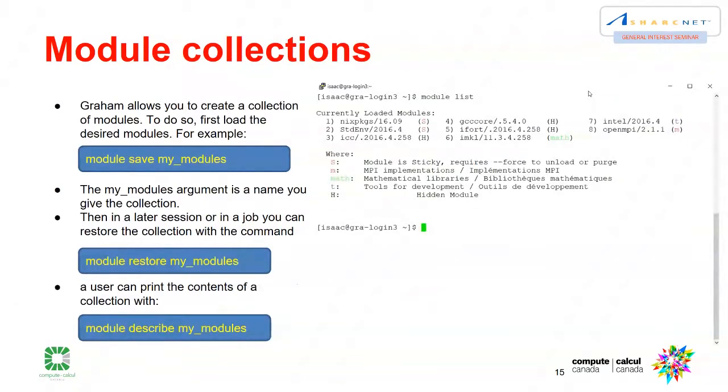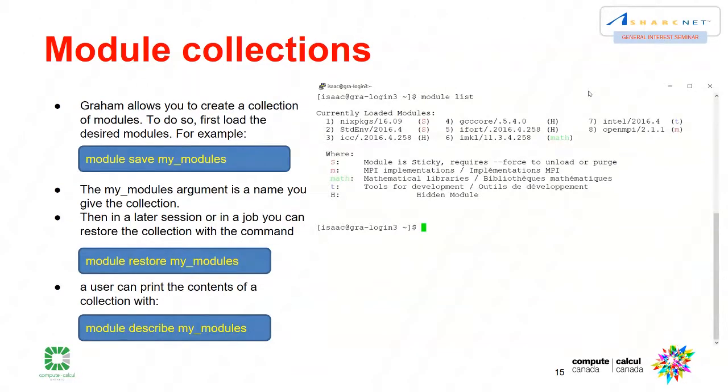So you may want to make a collection of modules for a certain type of job, and then use another collection of modules for another type of job. So our Graham system actually offers some options, module save options. What it means is, Graham allows you to create a collection of modules, and then you can load the desired modules and save it. And then you can restore it later on.